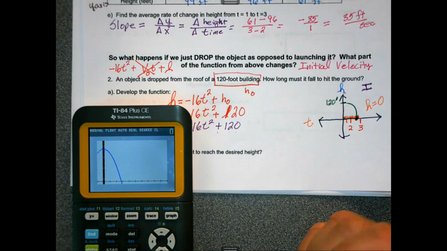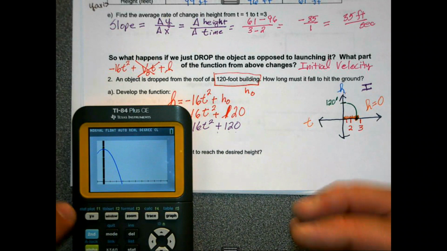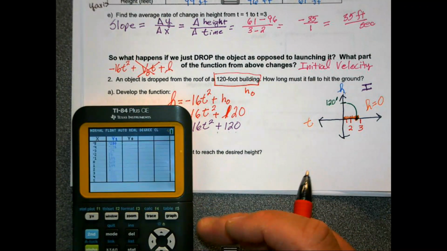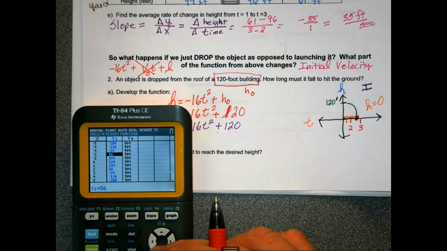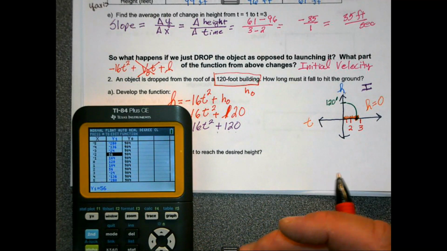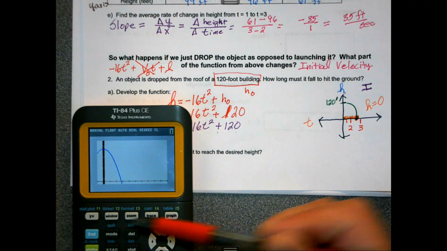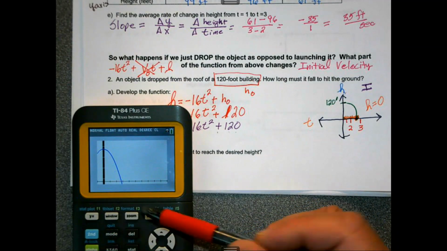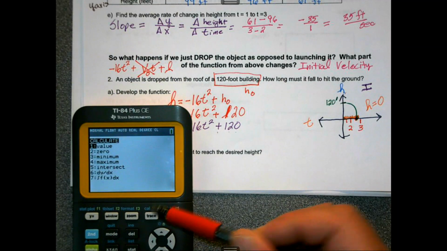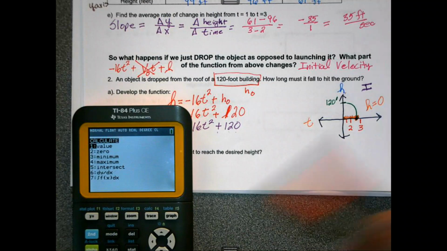So I need to know when my y equals 0. Now I could maybe get lucky and they have a y value in the table with a zero value. Nope. So I'm going to have to use some calculations. So I'm going to hit second trace, which is my calculations. This time I'm looking for the zero, right? The h equals zero.